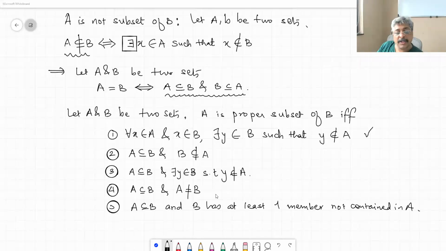Okay, fourth condition correction: A is a subset of B and A is not equal to B. That is equivalent to the second. The fifth way of saying is that there is at least one member in the second set which is not a member of the first set, and therefore A is a proper subset of B.